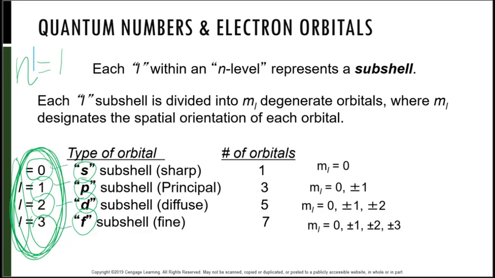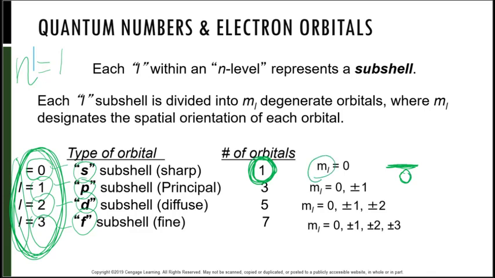Now within S, P, D, and F, we have those orbitals within the subshell. We said S has 1 orbital because only 2 electrons can fit. We give that 1 orbital a value of 0. So 2 electrons can fit in that 1 orbital.